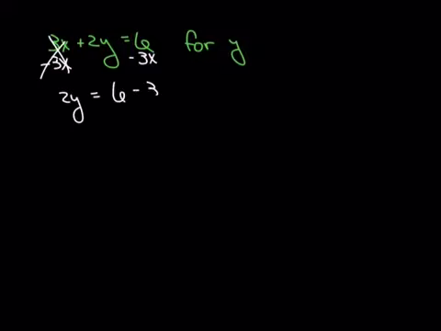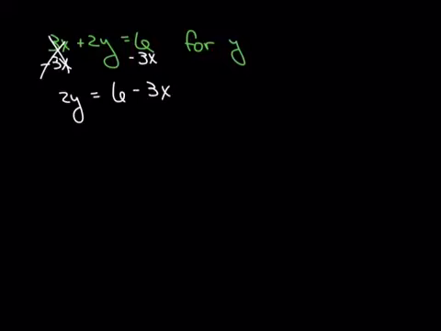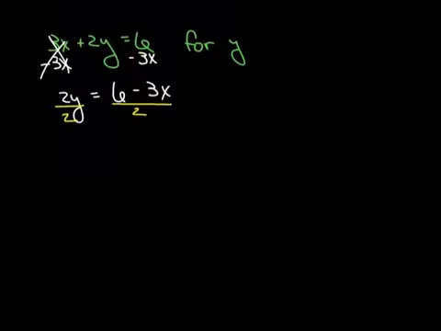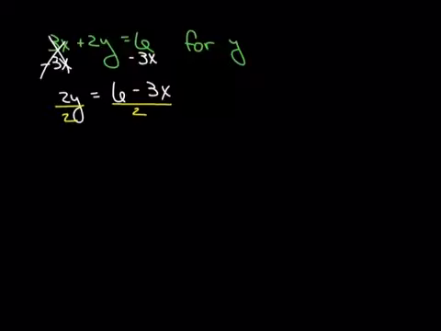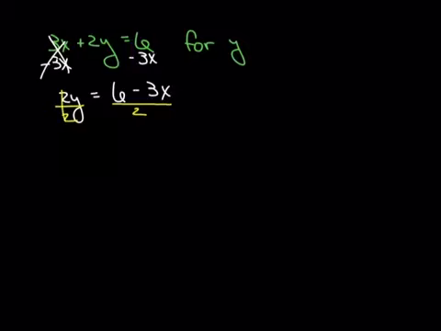And I can't combine 6 and 3x, so I just have to write them that way. And then I've got a 2 there times the y, so to get rid of it I divide. And if I divide one side by 2, I have to divide the other side, not just one of those terms, not just the 6 or not just the 3x, but the entire thing.